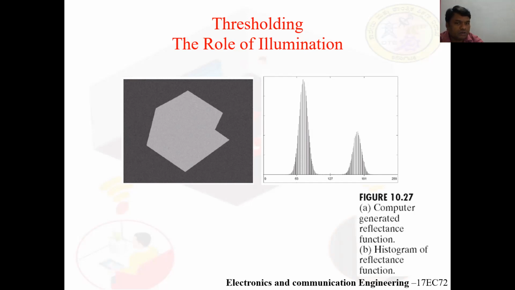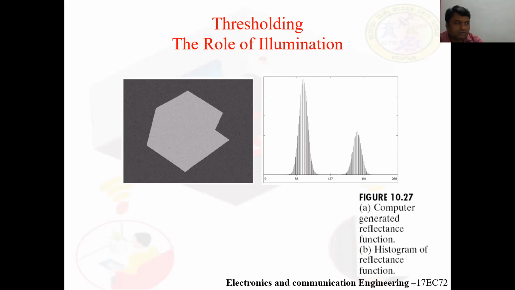In this example, you can see the noisy image and the histogram of the noisy image, where it is difficult to choose the threshold due to noise presence. This is the result obtained using Otsu's method for the noisy image.